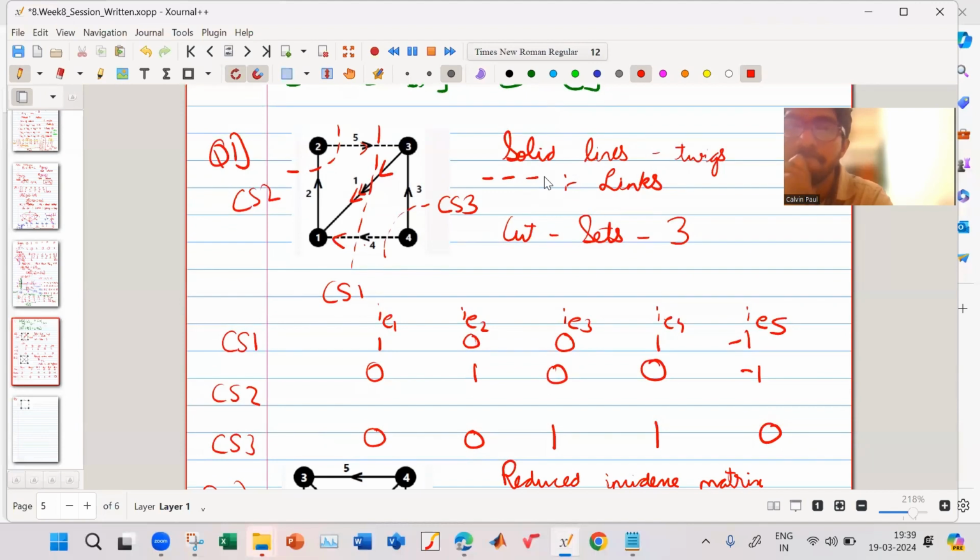Here, cut set 1, 2, 3, right? Anywhere can you make a cut set, right? The nomenclature CS1, CS2, CS3, if it is not mentioned, how can I do that? Because this matrix is going to vary if I change these cut sets. Yeah, it will vary. That's why I tell you to put 1 first, then 2, then 3.